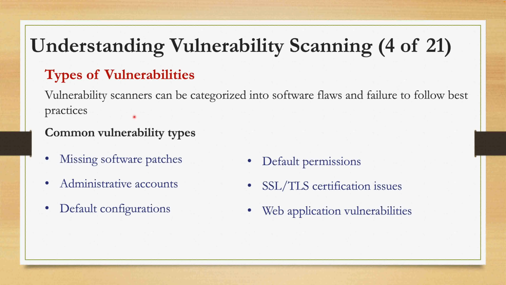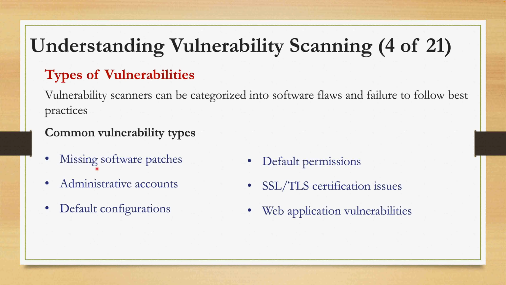Okay, so what types of vulnerabilities are out there? Well, there are plenty of vulnerabilities, and they can be categorized into software flaws and failure to follow best practices. For example, the first one, missing software patches. This is the result of outdated software or unpatched systems with known vulnerabilities.